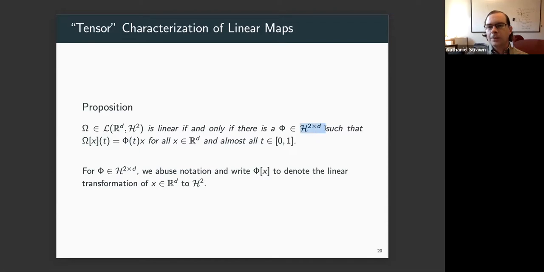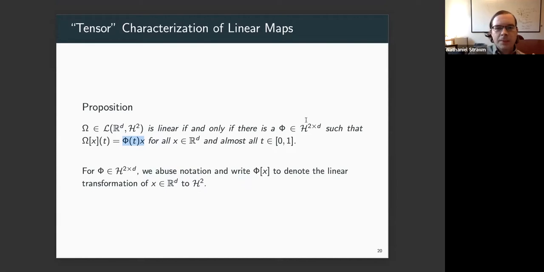So it's a 2 by D matrix where each entry is a function from the Sobolev space, such that phi x evaluated at t is simply phi of t times x for all x and almost all t, of course.